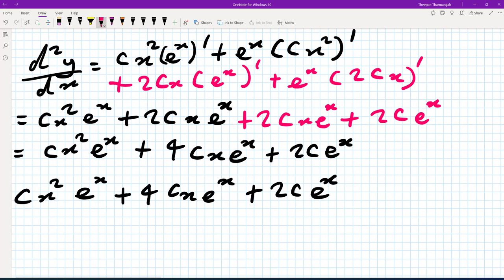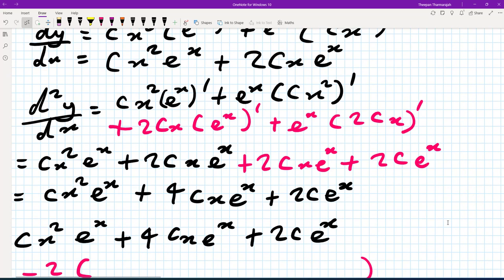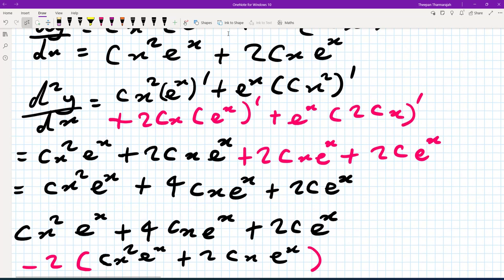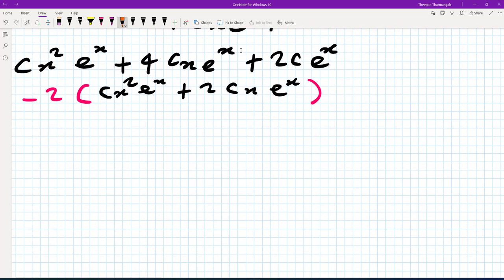So let's write dy by dx in: cx squared e to the x plus 2cx e to the x. And then we also have plus y, which is our particular integral, cx squared e to the x. So I can do that in orange here, plus cx squared e to the x.